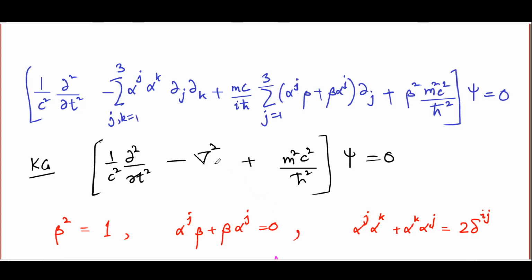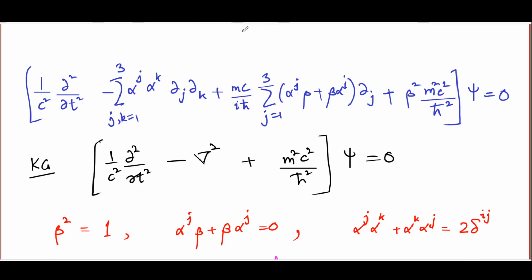Now the quadratic term: the Laplacian here and α_j α_k ∂_j ∂_k summed over all j and k here, these two must match each other. And now you have to be a bit careful, in the sense that ∂_j ∂_k is actually symmetric in j and k. If you were to interchange j and k, it would become ∂_k ∂_j, but mixed partial derivatives commute, so it does not matter whether it's ∂_j ∂_k or ∂_k ∂_j, they are both the same.